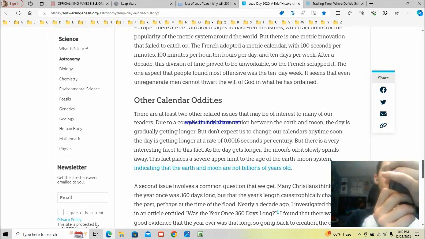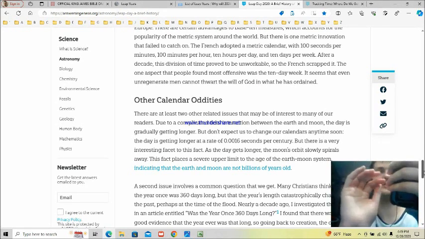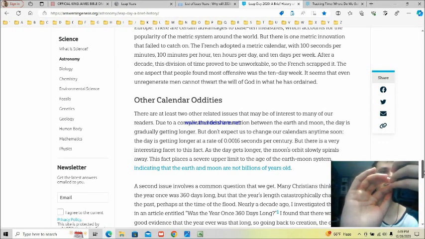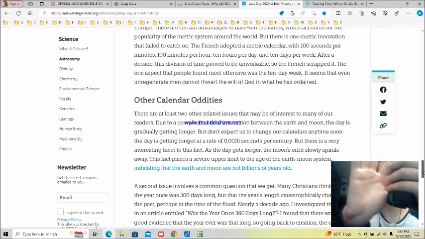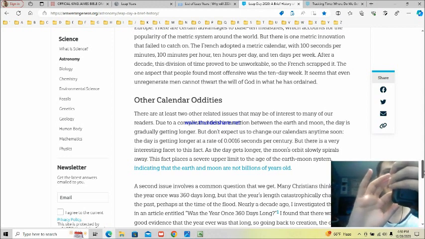Those who are born on that day don't always celebrate their actual birthday, but since their day occurs only once every 4 years, someone born on leap day typically celebrates on February 28th or March 1st. Okay, and it says right here, someone who was born on a leap day.